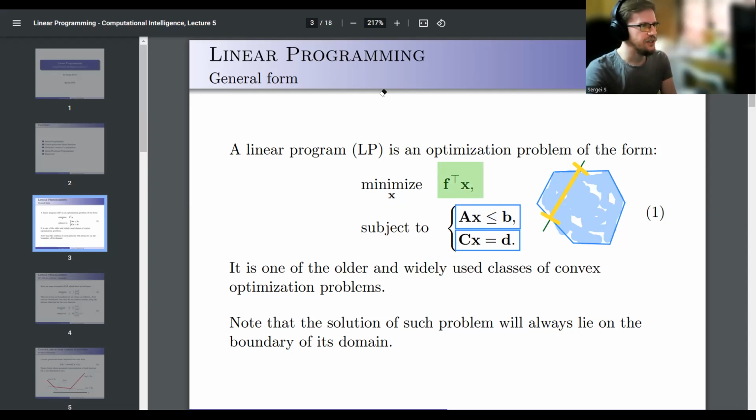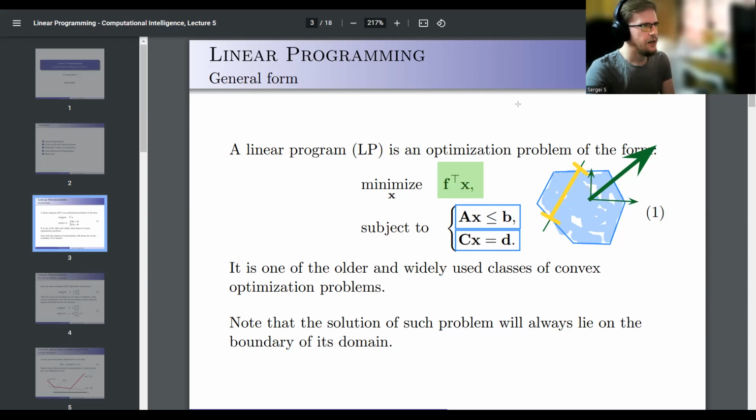Let's say the direction in this case is this way, where the function increases as fast as possible. In other directions, it also increases, but not as fast.